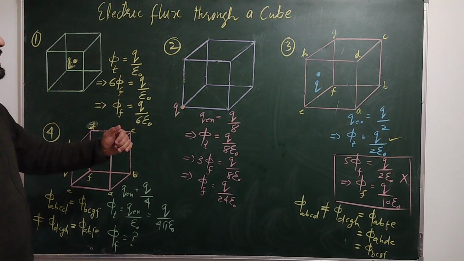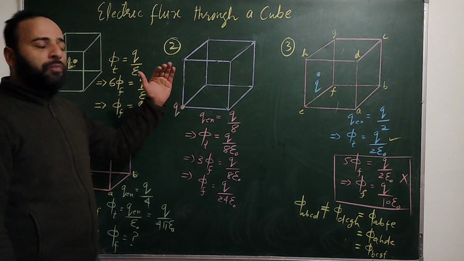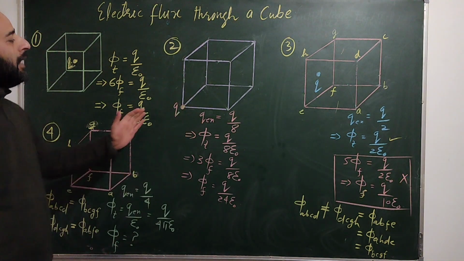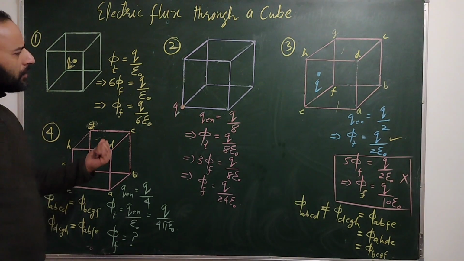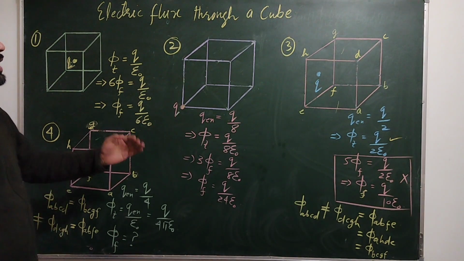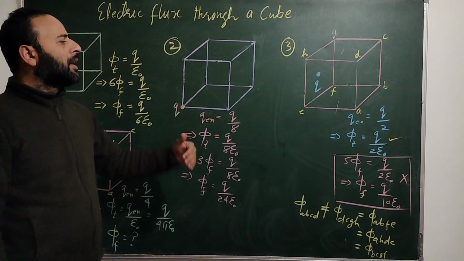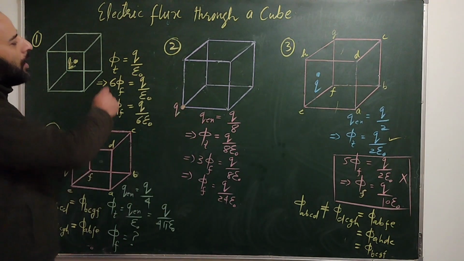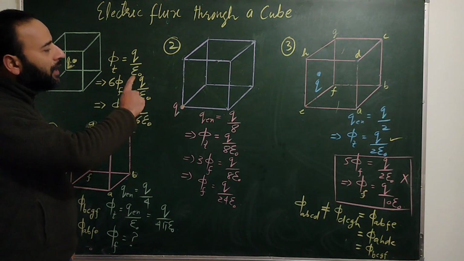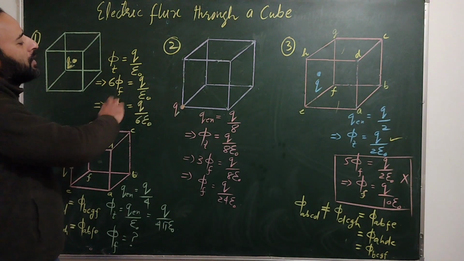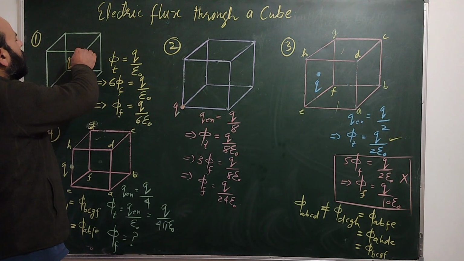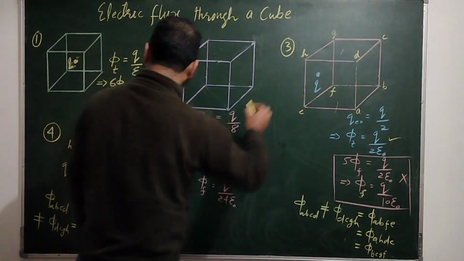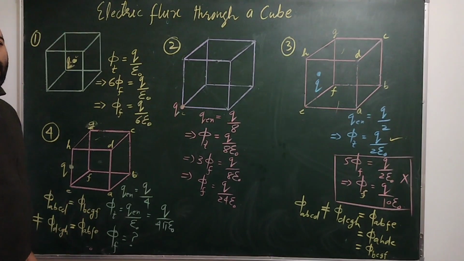Now we have the method: we can calculate the flux through each face if we know the solid angle subtended by each face at the charge. For that, you have to follow the upcoming videos, in which I will calculate the flux through each face of the cube when the charge is located at different locations, that is, at the center, at the corner, at the face center, and at the edge center.